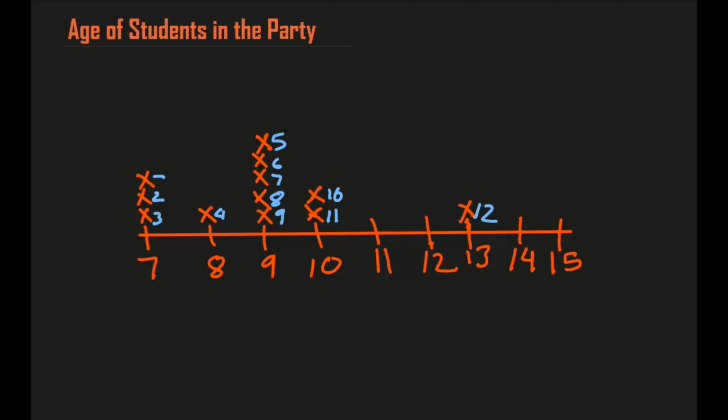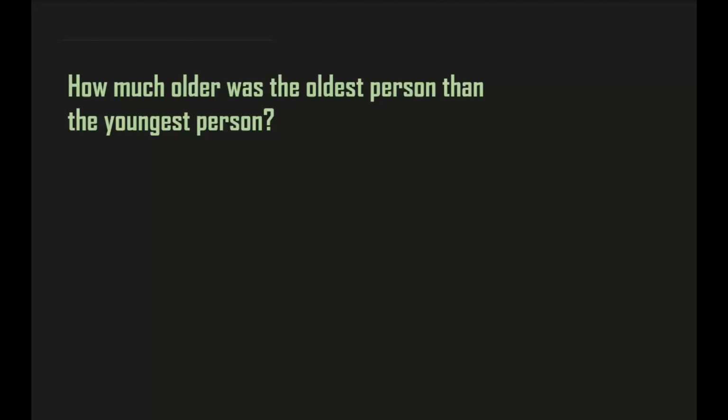We have 1 person that's 13 right here. And our youngest, we have 3 people that are 7. What are we trying to do? We're trying to compare their ages, so we'll subtract.